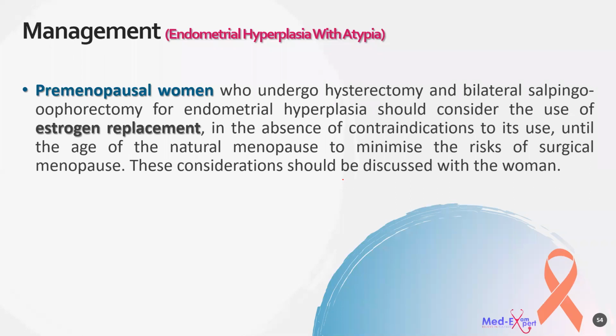For premenopausal women who undergo hysterectomy and bilateral salpingo-oophorectomy for endometrial hyperplasia, we should offer estrogen replacement therapy. Now she has removed her ovaries, so we have to give her estrogen replacement therapy until the natural age of menopause.